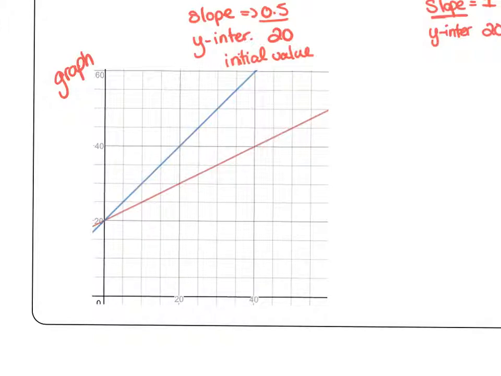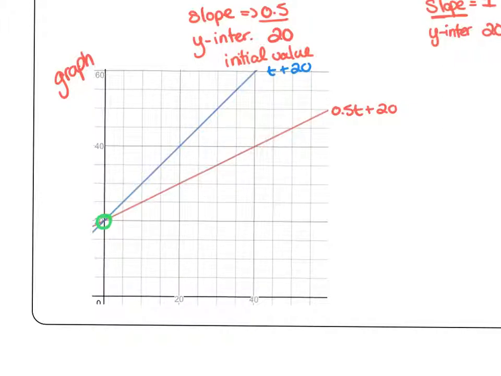Notice, here's where they started, right at 20. And notice that the first one, which was the 0.5, that's our red line. I'll label them, sorry guys: 0.5t plus 20. And then this one was t plus 20. The red one, I said, has a slower rate of change. So notice that it doesn't go up as fast as the other one.